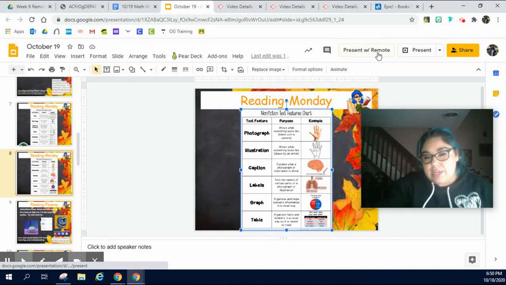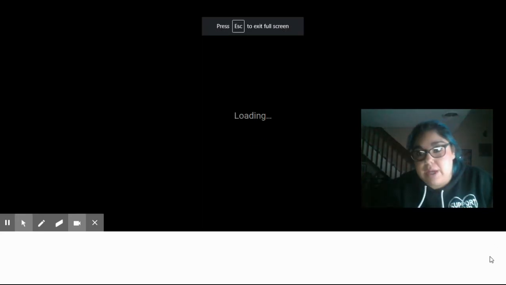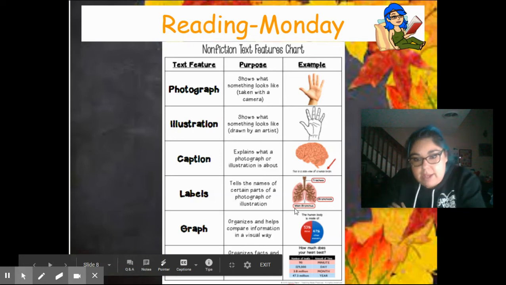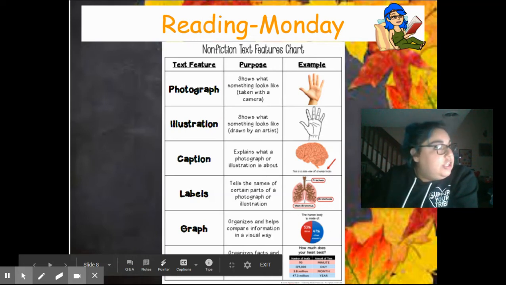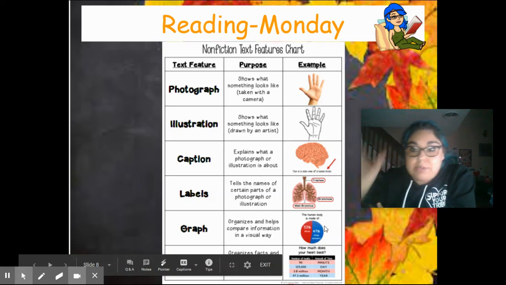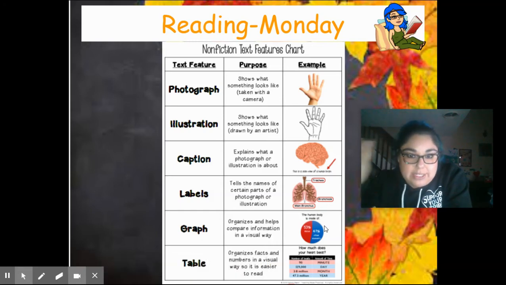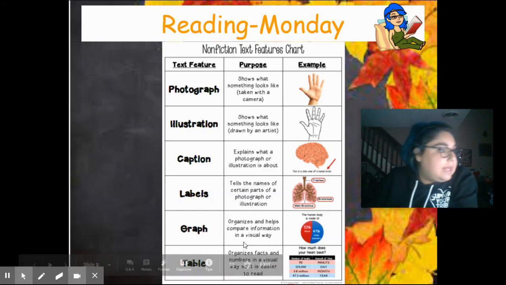All right, the last two things that we probably won't see in our books, but I wanted to show you what they are, is a graph. See if you can see right here, this is a graph. It helps compare information in a visual way. Instead of just words, it shows us a picture of what it looks like.